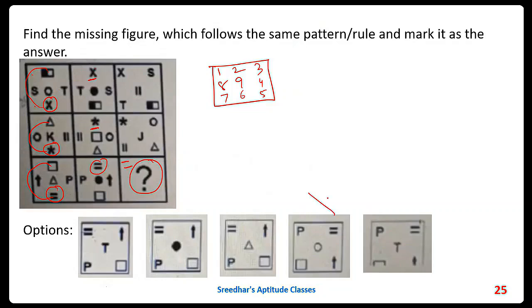So based on that, the fourth and fifth are eliminated. The answer can be 1, 2 or 3.